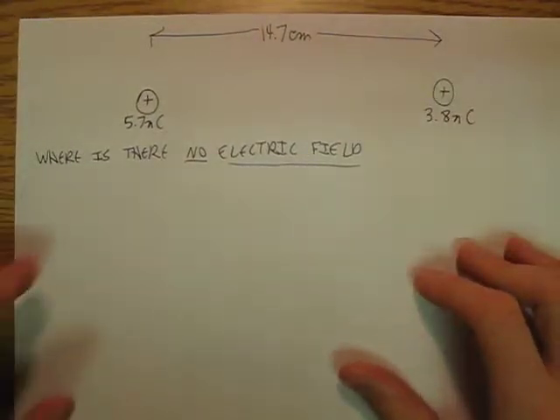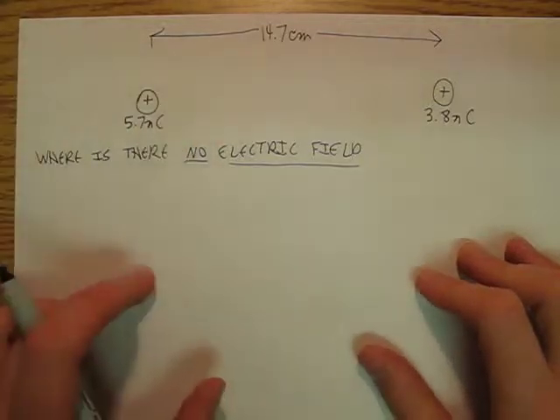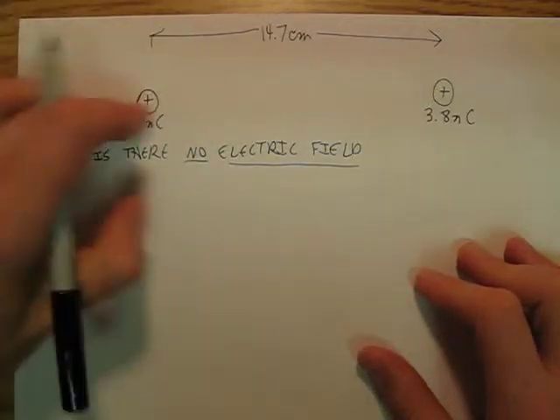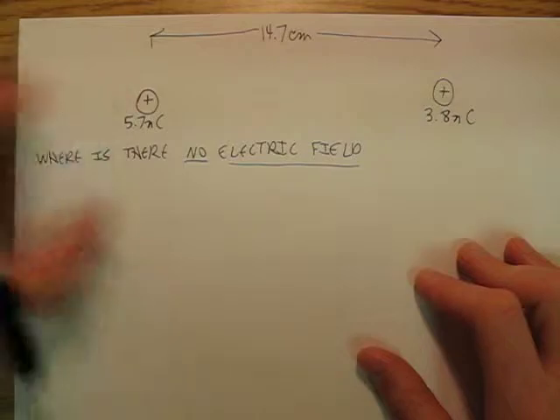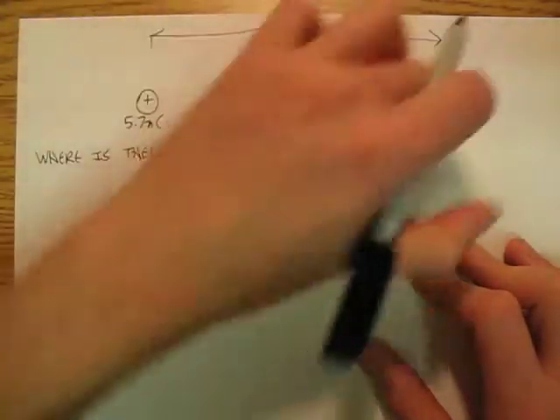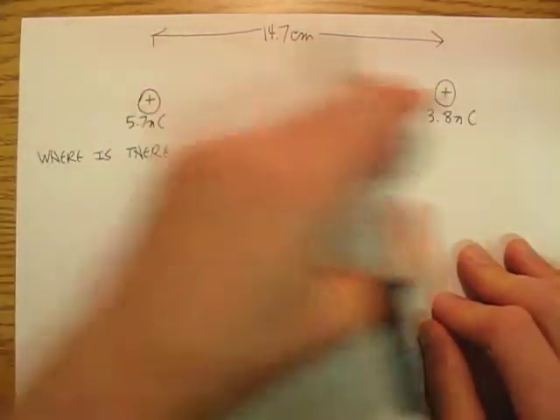Well, in the previous video we just said that electric fields point away from positive charges. So there's electric fields pointing out all over the place from this one, and there's electric fields pointing out all over the place from this one.